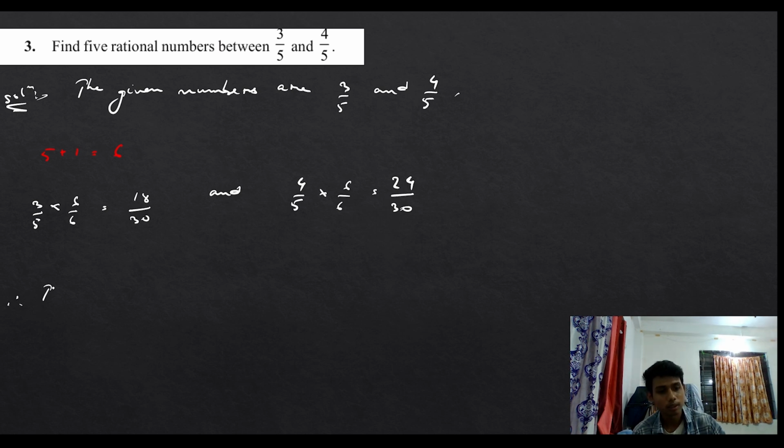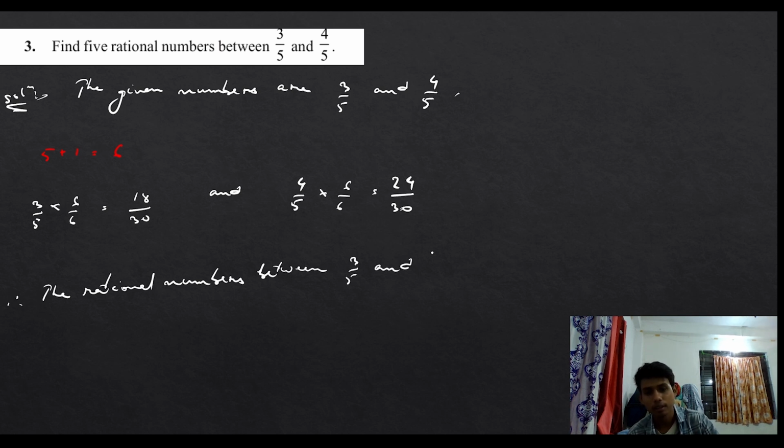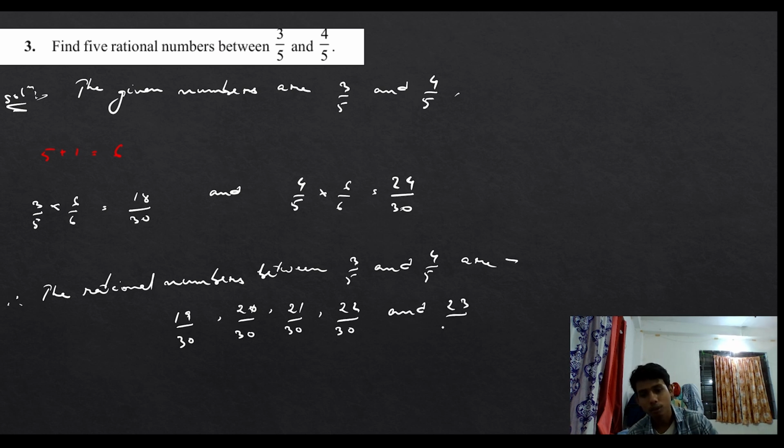Therefore, the rational numbers between 3 by 5 and 4 by 5 are 19 by 30, 20 by 30, 21 by 30, 22 by 30, and 23 by 30.